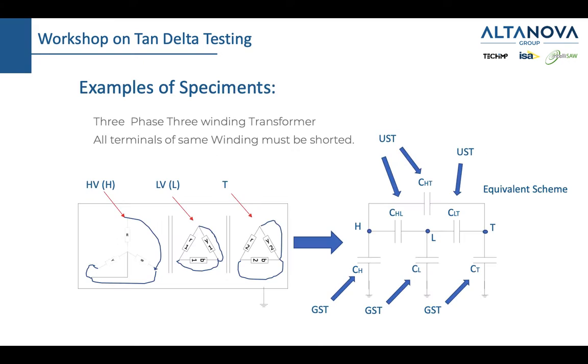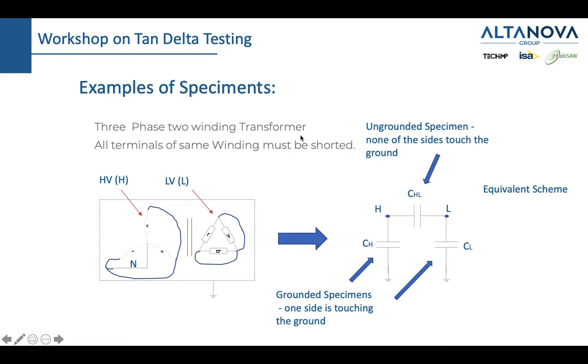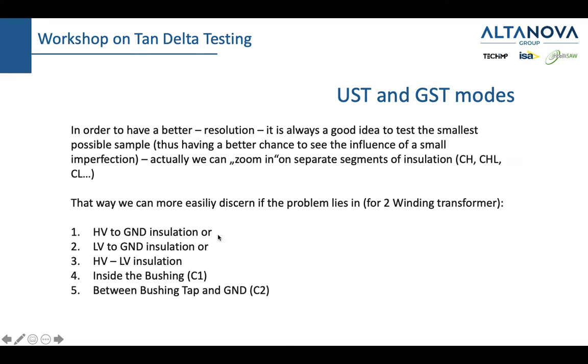If we have, like here, a two-winding transformer, we will have first the capacitance between the high voltage winding and the ground, then the low voltage winding and the ground, and then the capacitance between the high voltage and low voltage winding. These capacitances also represent the state of the insulation. We also have the capacitance inside the bushing, C1, and the capacitance between the bushing and the tap at the bottom of the bushing, which we call C2.